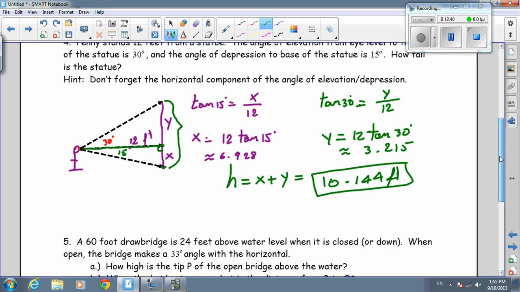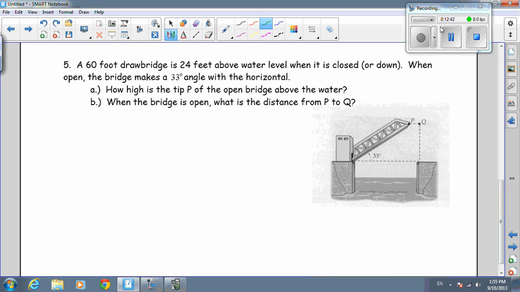I'll go ahead and touch on the last one since we still got some time. A 60-foot drawbridge is 24 feet above water. If it's 24 feet above water, it means that this distance is 24. The next thing I know is when open, the bridge makes a 33-degree angle with the horizontal.